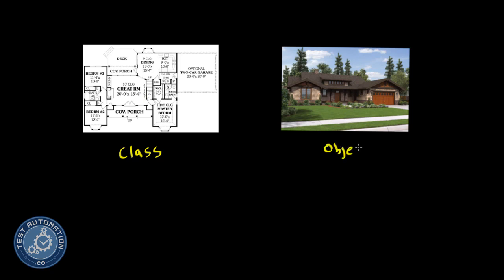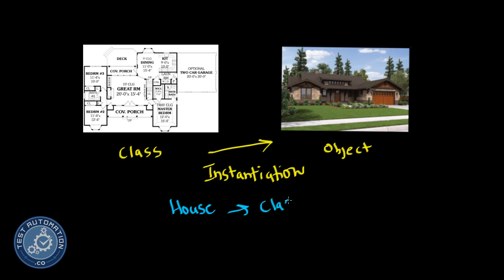The process of converting a class into an object in Java is called instantiation. This is the keyword we need to be aware of. Instantiation is the process of converting a class into an object. How we achieve that is, for example, we have a class simply named House, and I want to use this class and create an object.